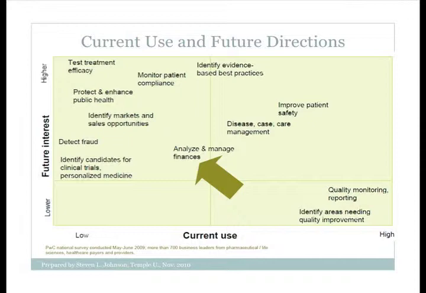The highest areas of secondary use today, in the survey PricewaterhouseCoopers did, are quality monitoring, reporting, and identifying uses for quality improvement. This is largely a single organization using it to monitor their own quality progress. That's what most organizations are doing, which is good, but there are a lot of other things we can move forward to in the future.